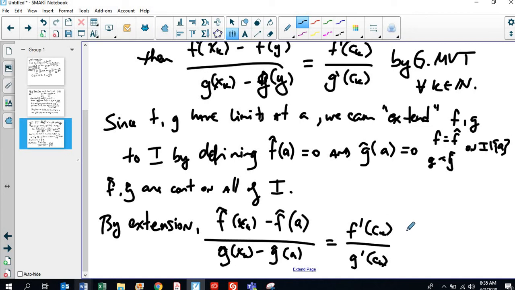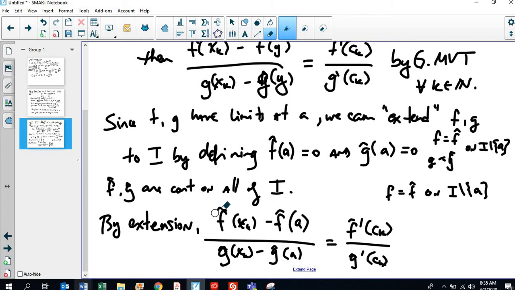Okay, so don't worry about the notation, but my point is that you have this, and because these are equal, right? f equals f hat on I minus a, which means that for all these points that are not a, I don't really need the hat at all.